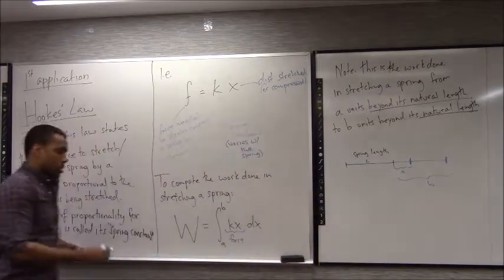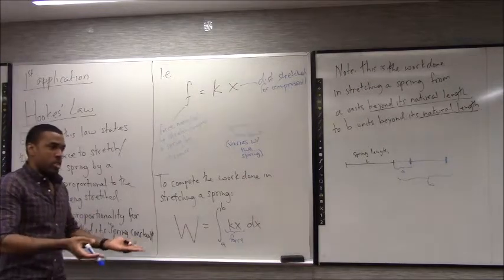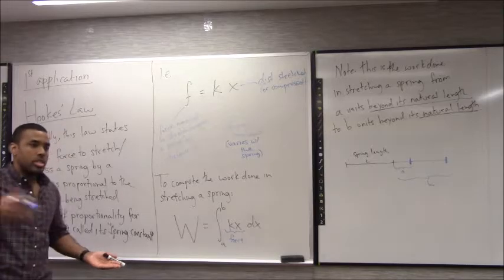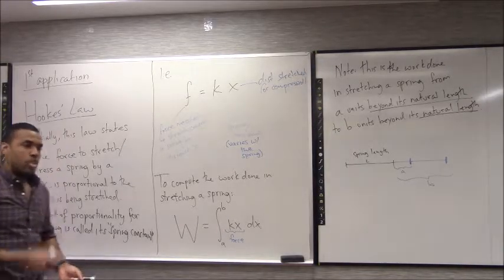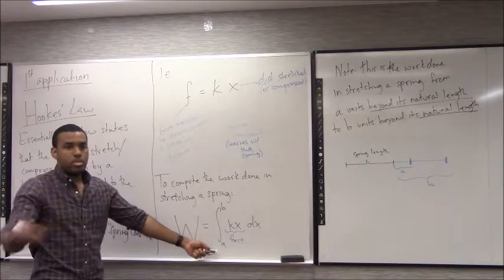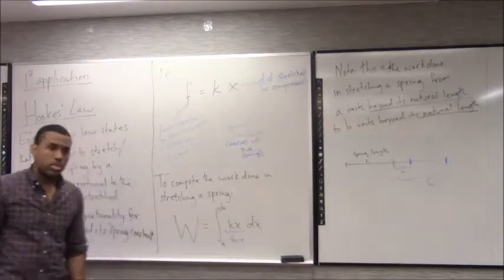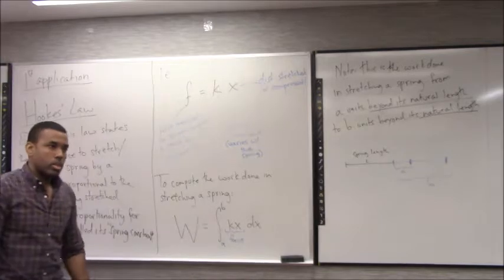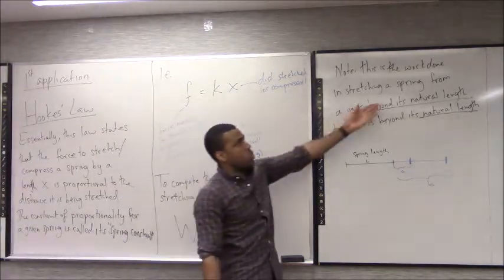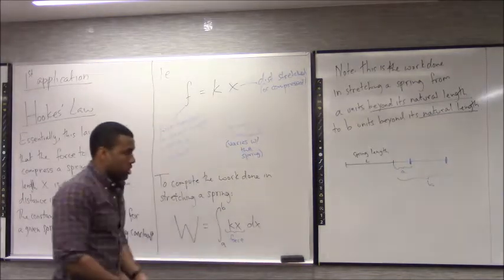So you can talk about, oh, there's a spring that's 5 inches long. How much work is done in stretching it from 7 inches to 9 inches? Okay, then you wouldn't use 7 and 9 in your integral, you would use 7 minus 5 and 9 minus 5. So you'll go from 2 to 4. Okay, so that's important. The limits on your integral are distances beyond its natural length.